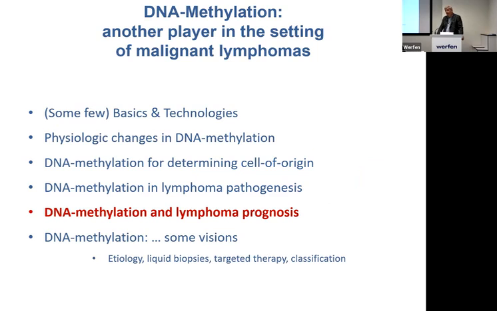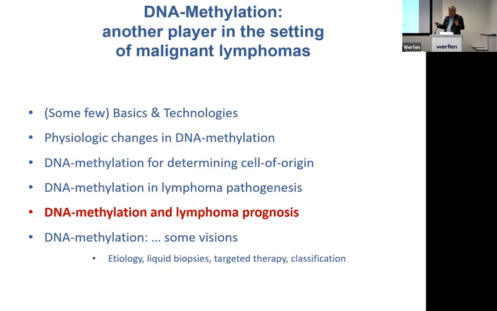If you look back in the literature 10, 15 years ago, you see quite a number of papers investigating MGMT methylation, p16 methylation, p53 methylation, and correlating with prognosis. All these papers do not take into account the physiological DNA methylation, and they do not correlate with clinical data, with treatment, and with multivariate analysis.